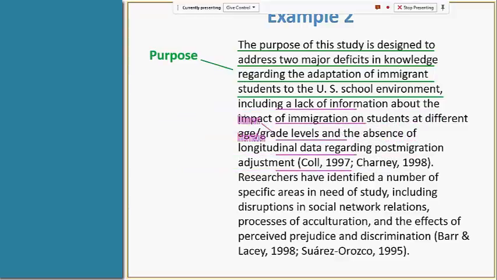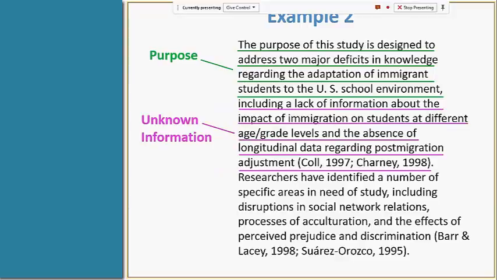And what do you know? Their purpose is to fill in a gap of unknown information. In the same sentence, they've included their purpose and unknown information. The unknown information is a lack of information about the impact of immigration on students at different age grade levels and the absence of longitudinal data regarding post-migration adjustment.